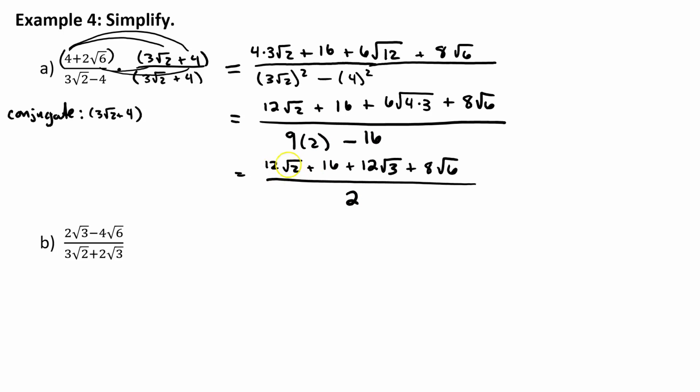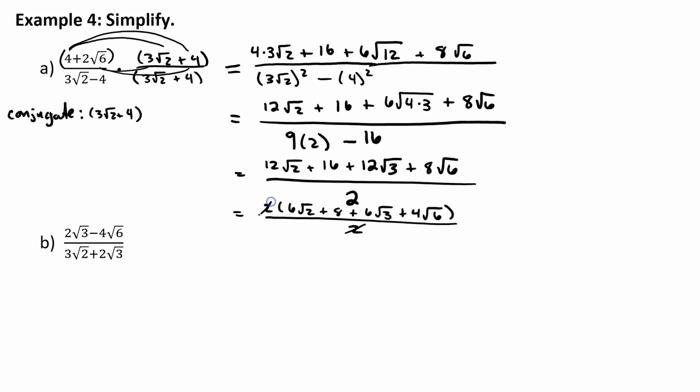Now, I can factor out a 2 from all of these to get rid of the denominator. So I can say 2 times 6 root 2 plus 8 plus 6 root 3 plus 4 root 6, all over 2.